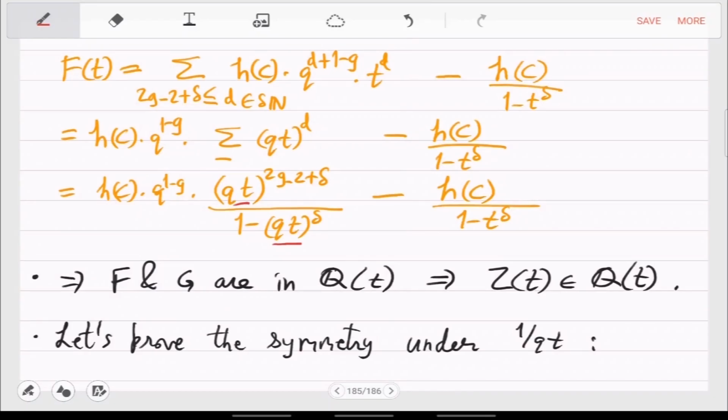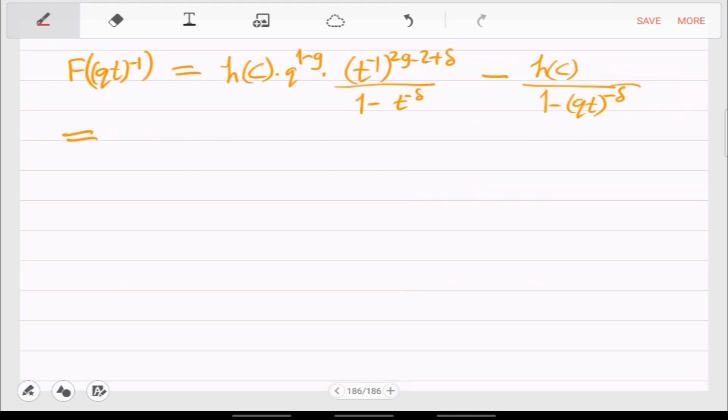Since there is already qt sitting, somebody great thought, why not just transform this by 1 over qt. So the first term doesn't change by much. So that should be a symmetry. Yeah, so let's verify it. You will get now qt square to the 1 minus g, take that out.